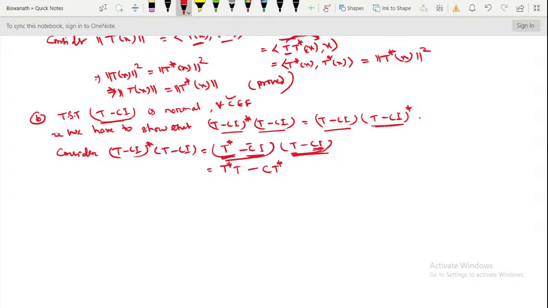Similarly, c bar I into T is c bar T. Then c bar I into cI, minus minus is plus, this will be c bar c.